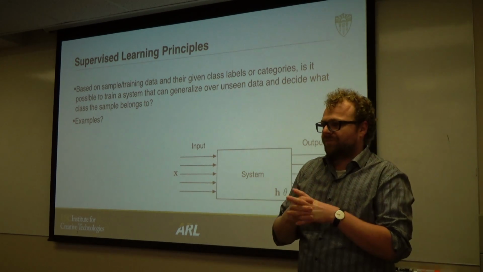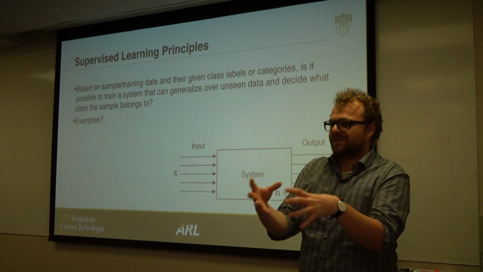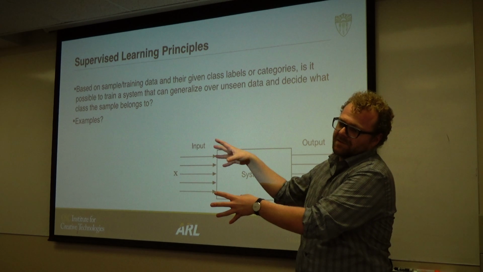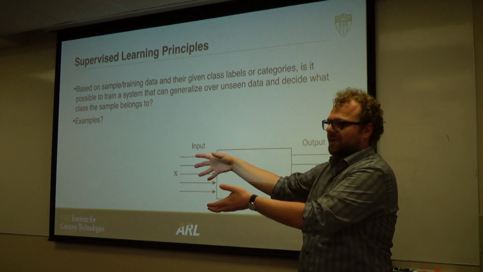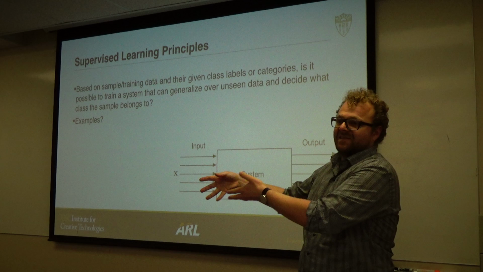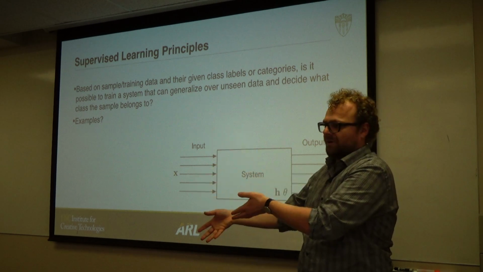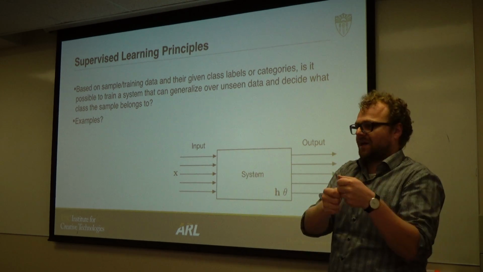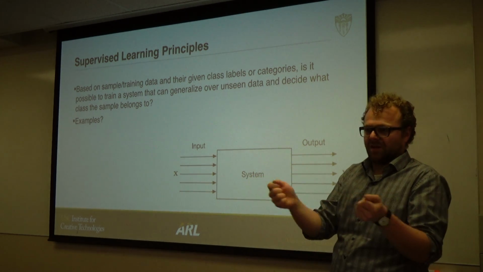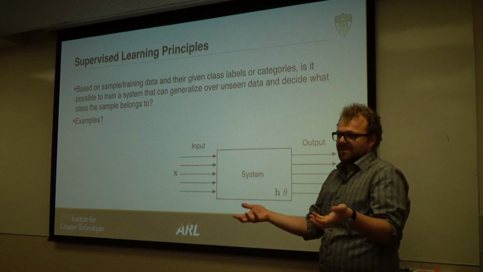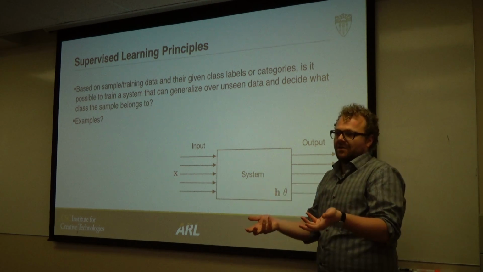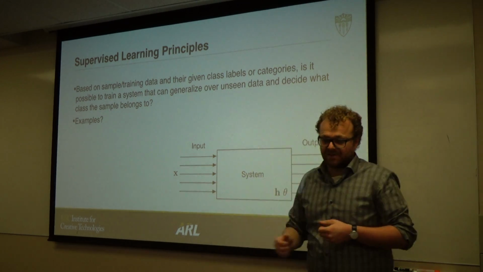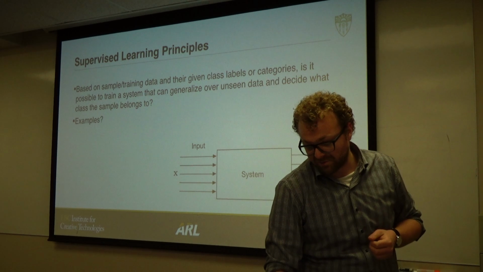So now we train the system, but then we have a whole different pool of data points that are out there, and we want to know what these are, but we don't have labels for them, for example, right? So we give them to the algorithm, and the algorithm gives us an idea or a hypothesis on what they are, okay? So that's what we want to do in these machine learning or supervised learning algorithms.